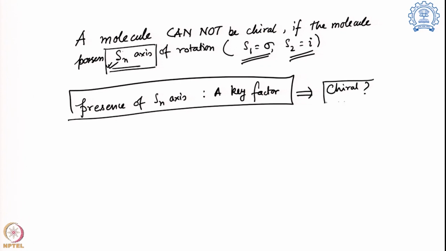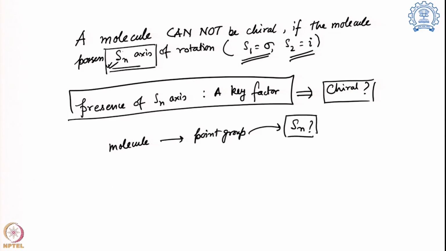Now what can we do? I can take a molecule, find out its point group, and find out whether in that particular point group you have an Sn or not. Sn can have n greater than 3; if S1 that becomes sigma, if S2 that becomes center of symmetry.